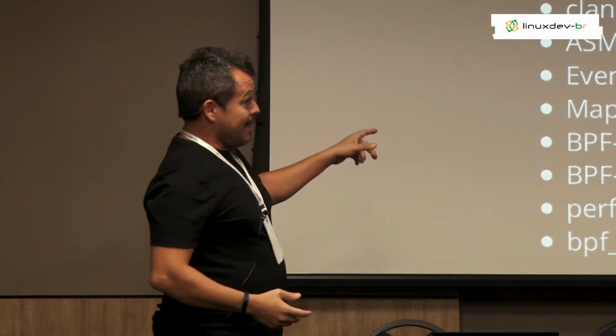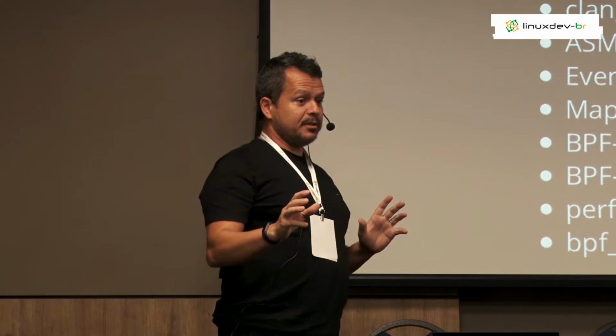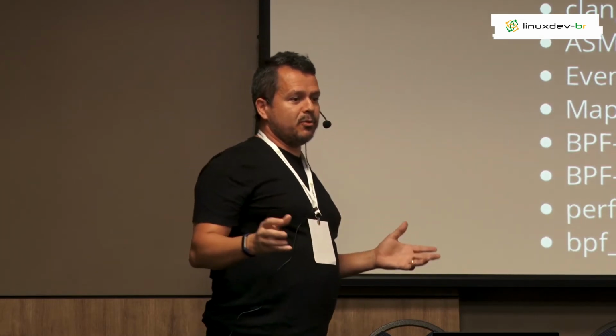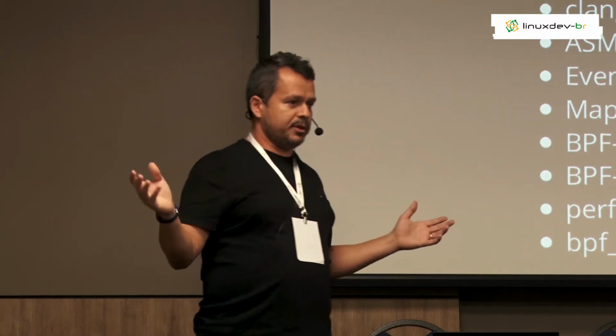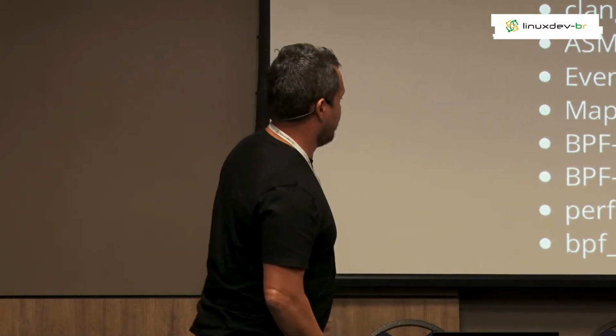It has maps, all sorts of maps. The maps could be as simple as an array, or a hash table, or several other kinds of maps. I'll be talking about that.